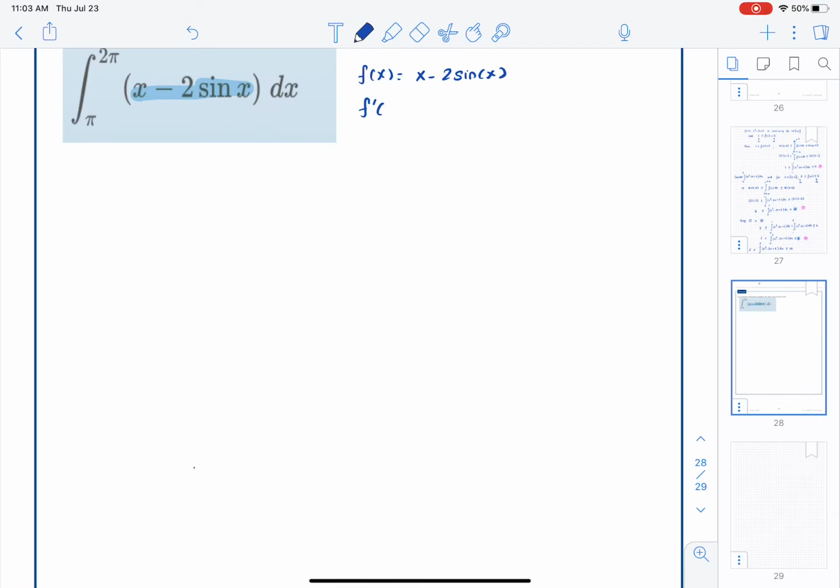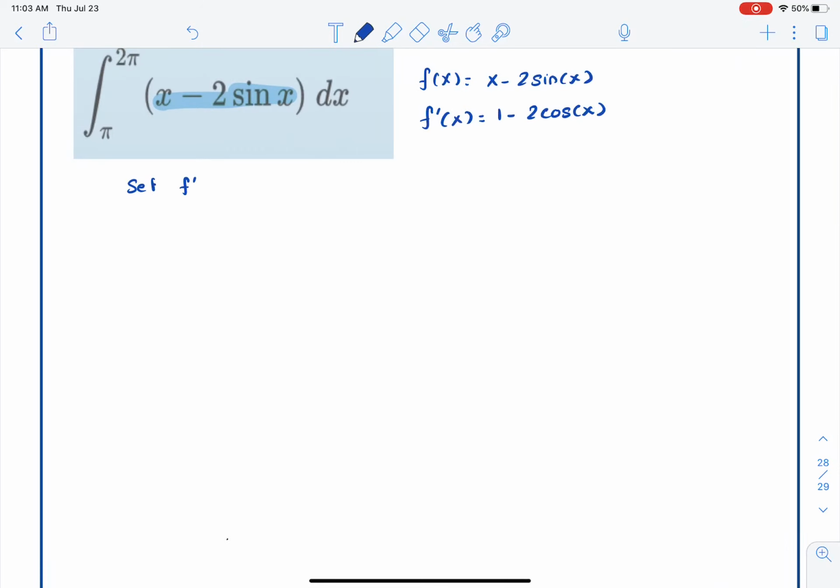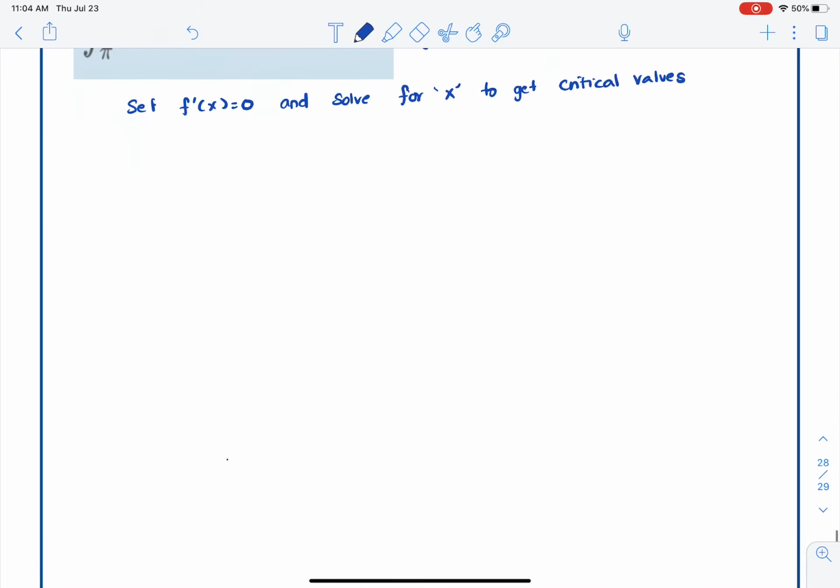So f prime of x is 1 minus 2 cosine x. We're going to set f prime of x equal to 0 and solve for x to get the critical numbers or critical values.